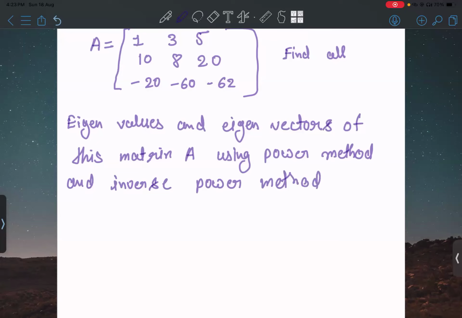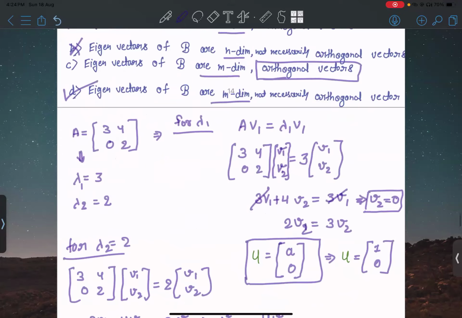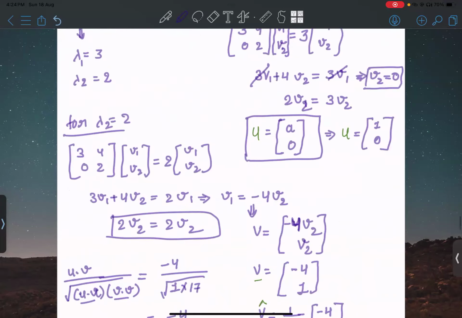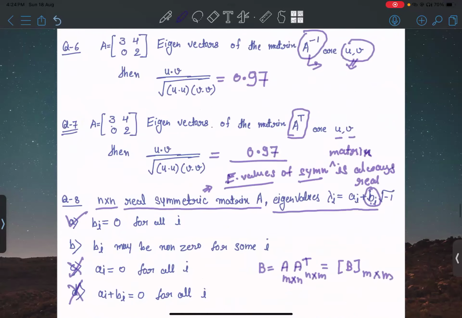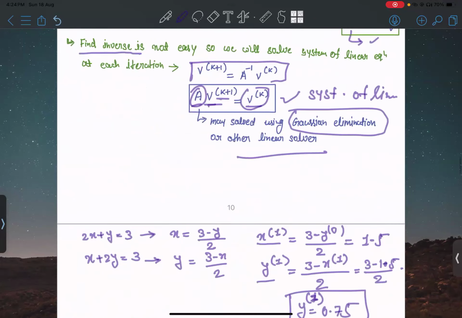Okay, this is some random matrix. I want to find all eigenvalues and all eigenvectors of this matrix using the power method. So first I will find the dominant, meaning the magnitude-wise maximum, eigenvalue using the power method.